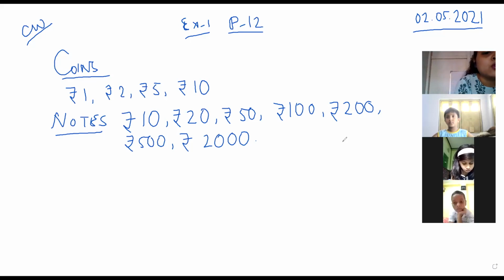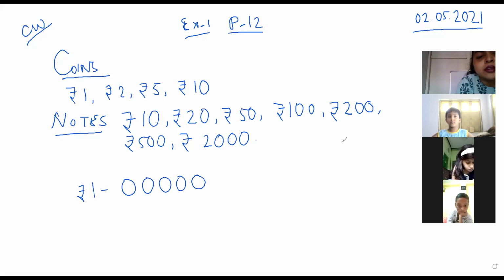Now, suppose I am giving you rupees 5. How can I give it? I can give you a rupees 5 coin, 1, 2, 3, 4, 5, right? Or else I can give 2 rupees and 1 rupees together. How? 2 rupees, 2 coins.